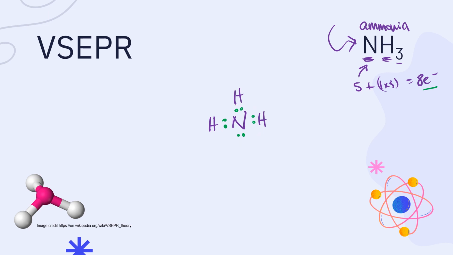On the nitrogen, we have 1, 2, 3 bonding groups of electrons. We also have 1 non-bonding group, 1 lone pair of electrons. This means that the total count of electron groups around the nitrogen is 4. 3 bonding groups and 1 non-bonding group. 4, that's our prefix tetra.